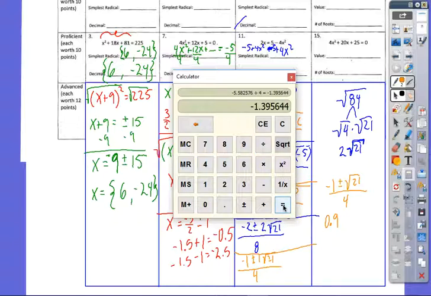And we get negative 1.3. Oh, 4. Same thing. Check that out. So my solution set is 0.9 and negative 1.4.